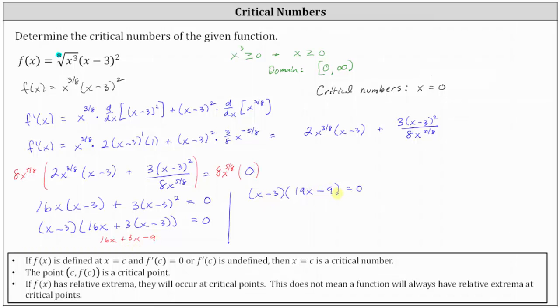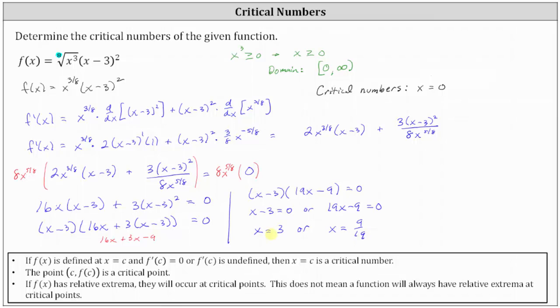And now the product on the left is equal to 0 when x minus 3 equals 0, or when 19x minus 9 equals 0. Solving for x, we have x equals 3 here, or solving for x here, we add 9 to both sides and then divide by 19, which gives us x equals 9/19.